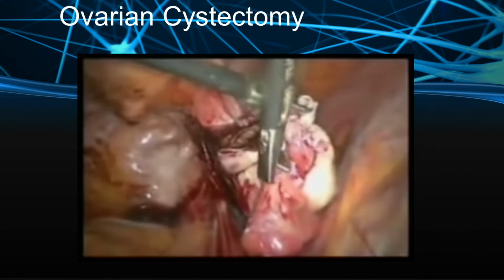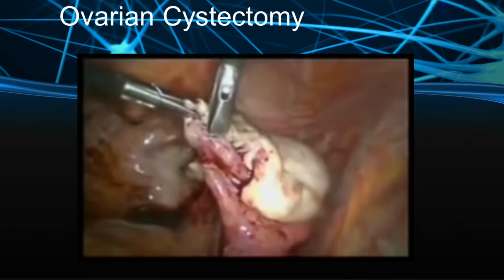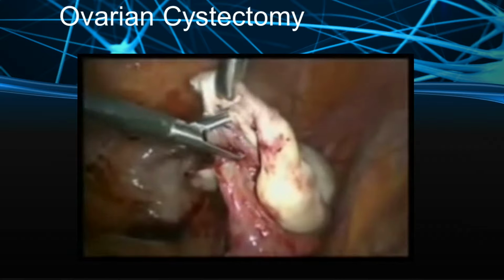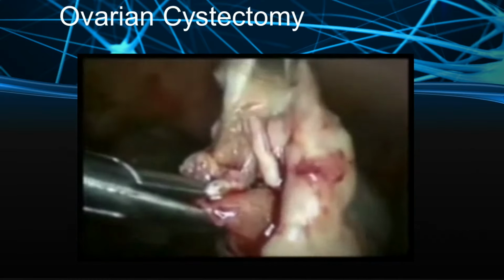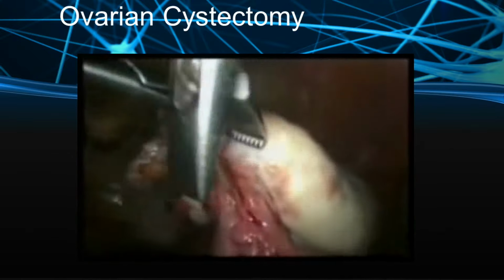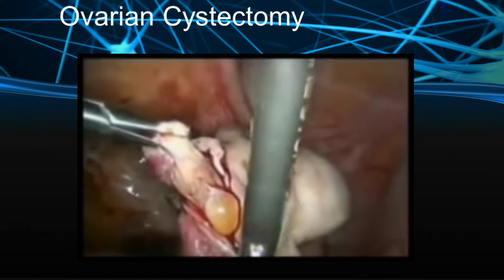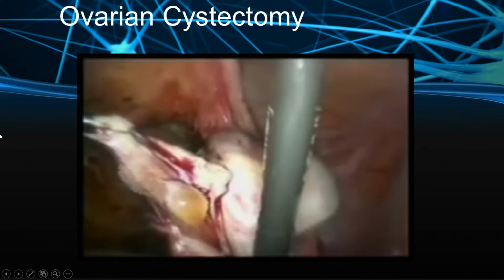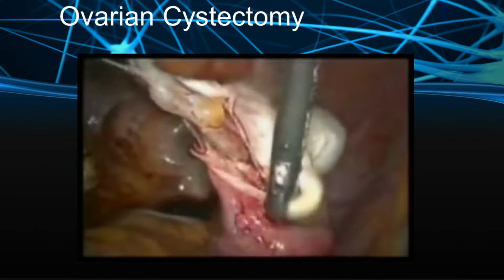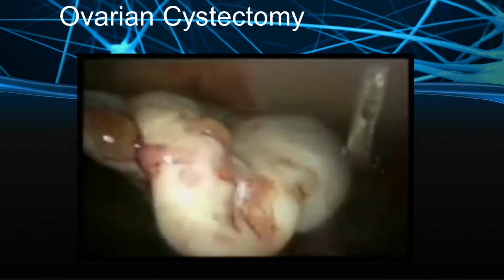Ambidexterity is required. Sometimes you have to hold with the right and strip with the left, and again you change the hand, so that you walk over the cystic wall and keep on stripping. These are small daughter cysts on the cystic wall, and again the entire cystic wall is coming out.